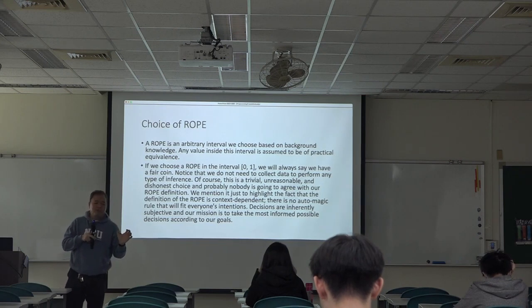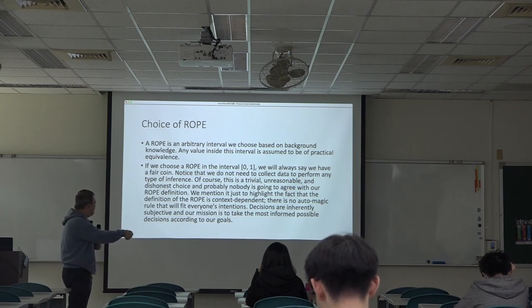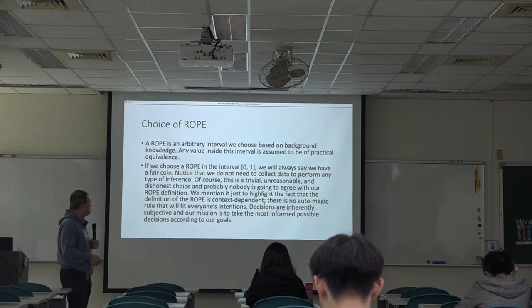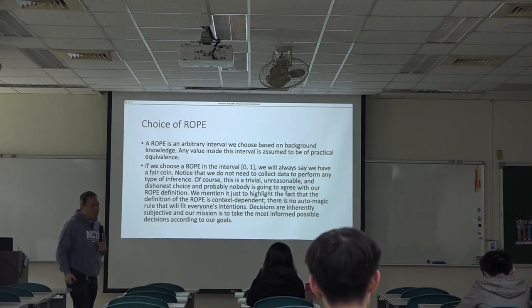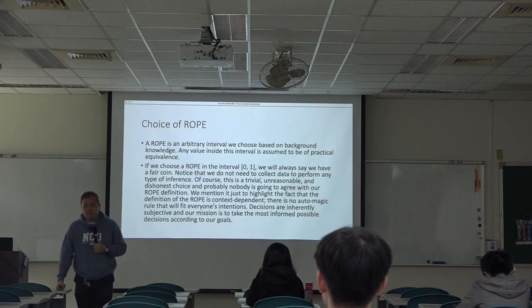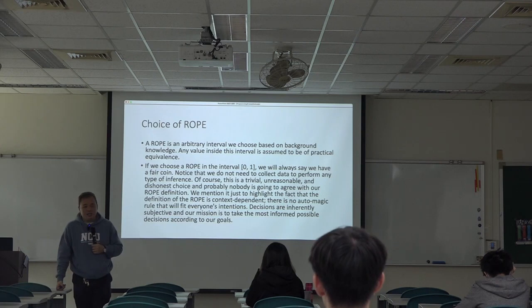But at least, this 0 to 1 ROPE is obviously an absurd setting. You can set it to be, say, 0.4 to 0.6. That's also reasonable, right? Or if you have more demands for a fair coin, you can set it to be maybe 0.48 to 0.52, something like that.